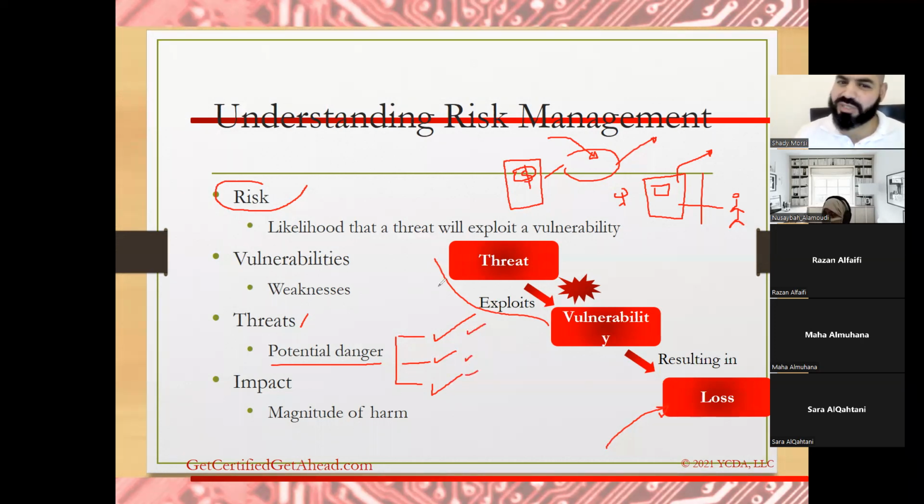Let's give an example so things will be clear. Let's say that you have a database, and the database includes all your clients and, for example, their credit card numbers. So if an attacker managed to see your database, or he managed to dump your database, what does that mean? He compromises your confidentiality because he was not supposed to have access to your database.